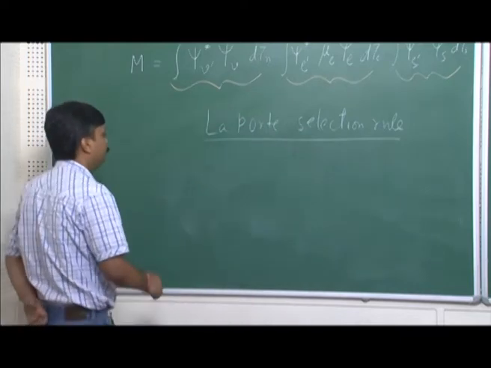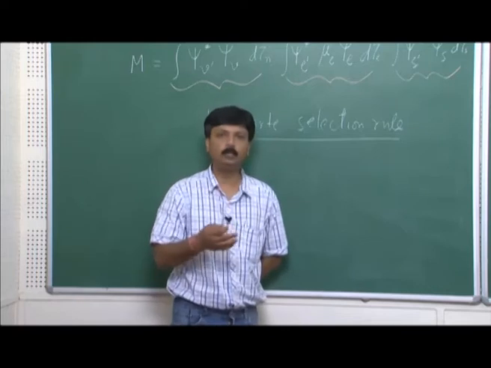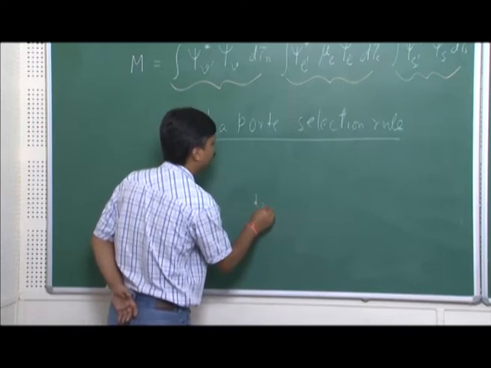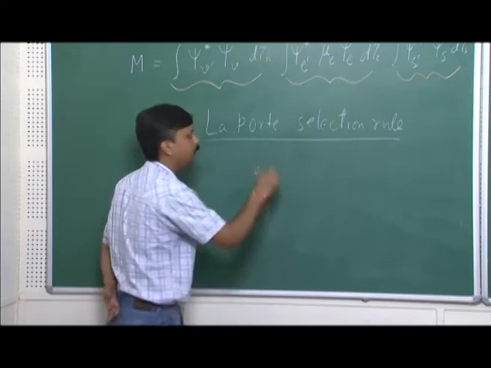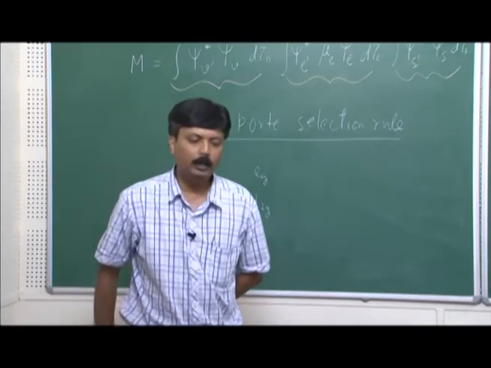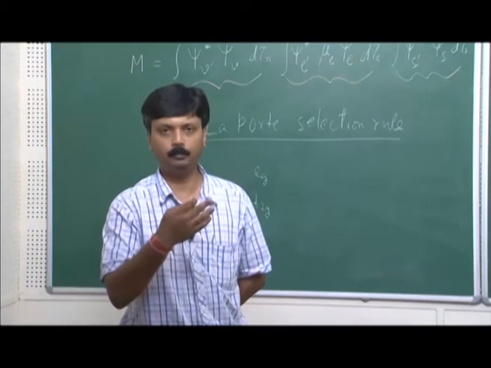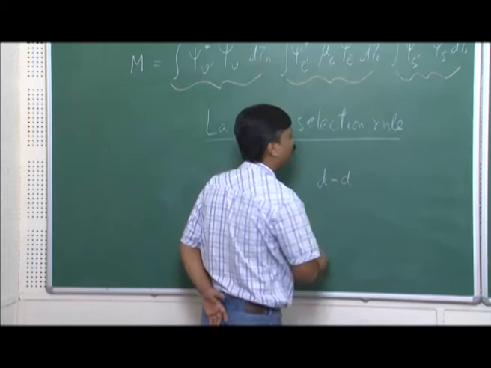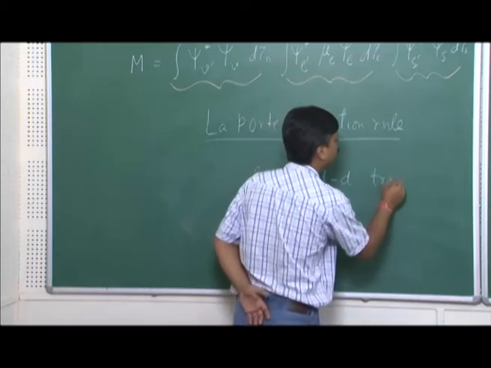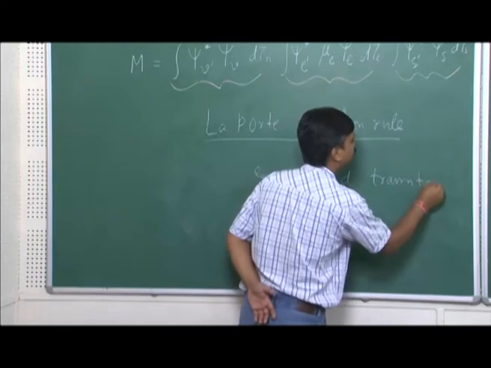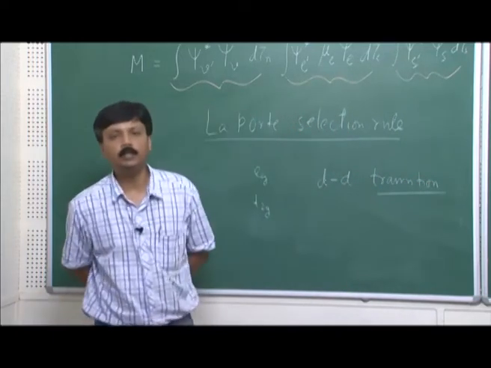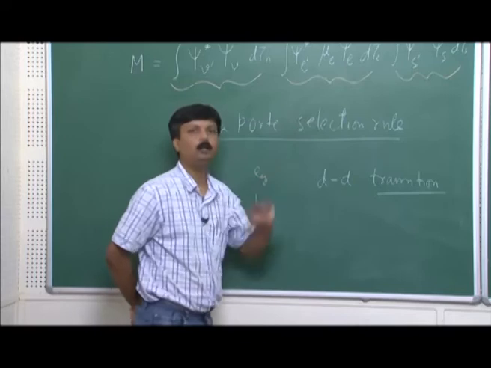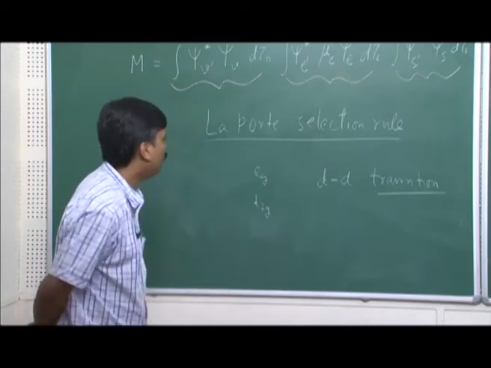For the metal d electrons, you have states having T2g and Eg symmetry. A transition from T2g to Eg, which is nothing but a transition between two types of d orbitals, is known as a dd transition, and for centrosymmetric molecules such a dd transition is forbidden. This is what the Laporte selection rule tells me. Now why is it so?